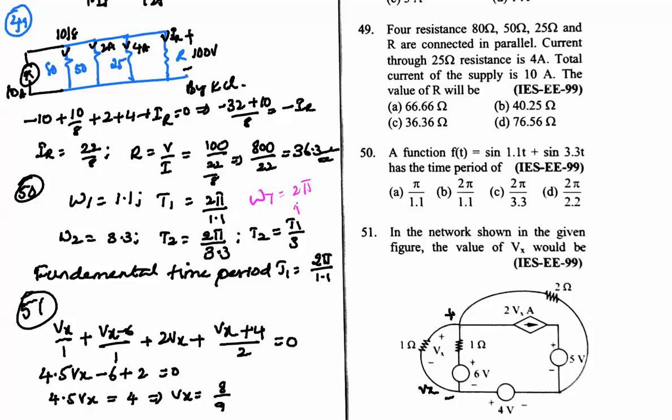So from this, T is equal to 2 pi divided by omega, that is equal to 2 pi divided by 1.1. So this is the fundamental. But here you have another frequency, that is the third harmonic frequency. So omega 2 is equal to 3.3. So T2 is equal to 2 pi divided by 3.3. Now T2 is equal to T1 by 3 here. But the fundamental period is going to be 2 pi divided by 1.1 here.